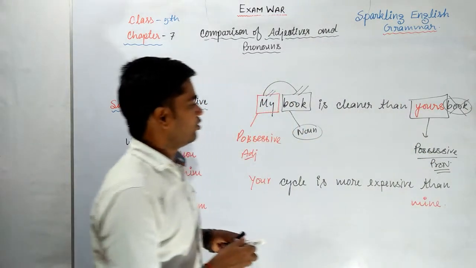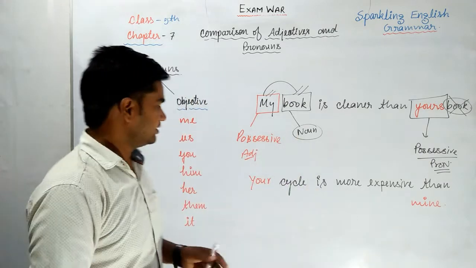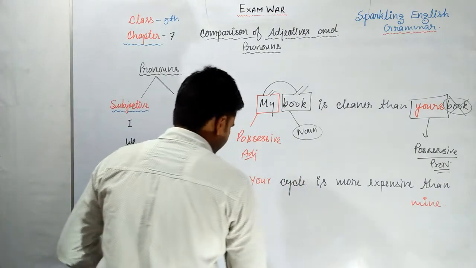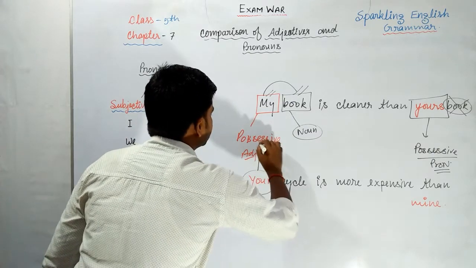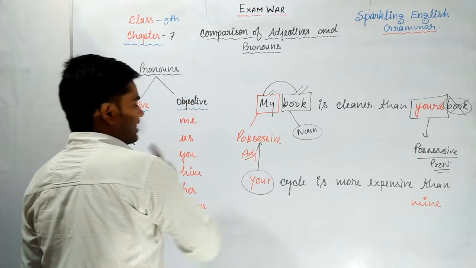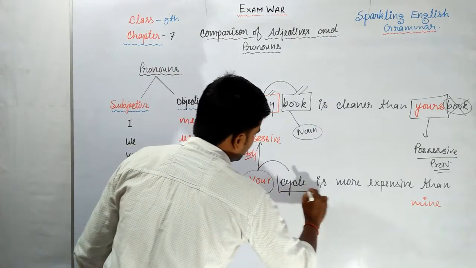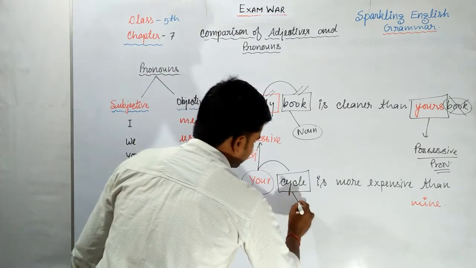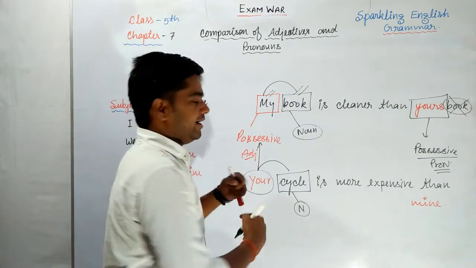Your cycle is more expensive than mine. So dear students, in this sentence we used your here. What is your? Your is a possessive adjective, and after each and every possessive adjective we have to use a noun. That's why cycle is a noun. So you got this point.